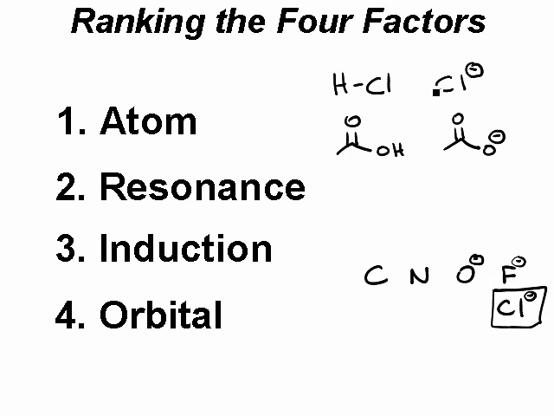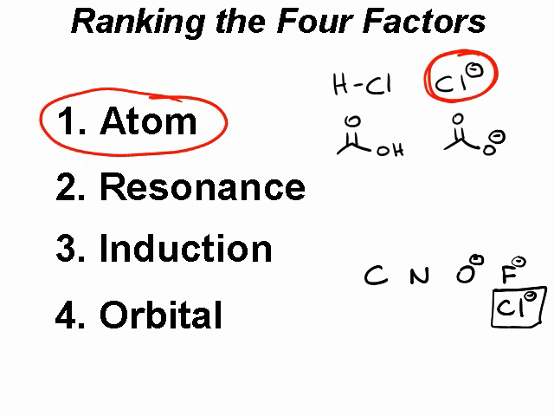So when we compare these two conjugate bases to each other, factor number one, what atom is the charge on, tells us that we should go with chloride. Chloride is more stable than acetate because of factor number one. But now we look at factor number two, and factor number two tells us that the acetate ion has resonance structures.